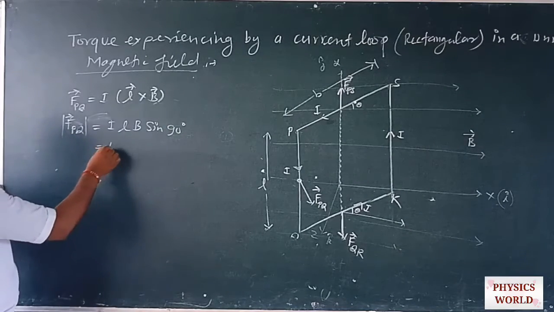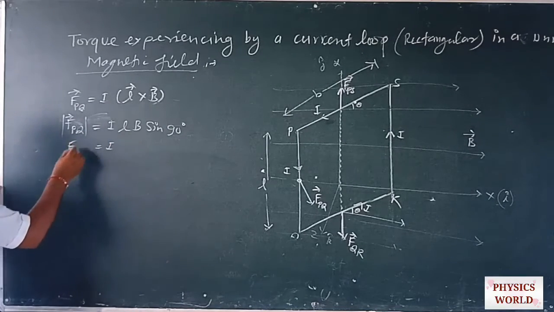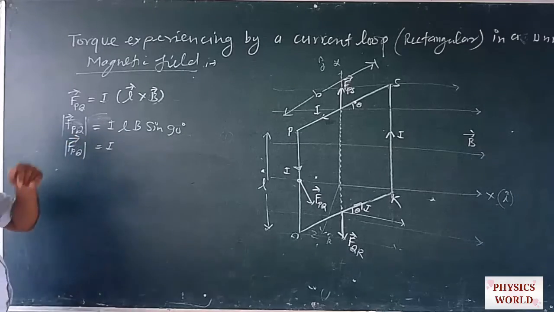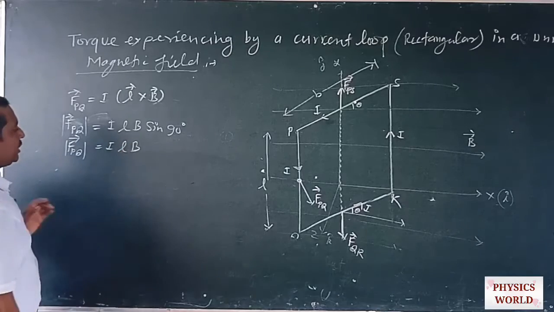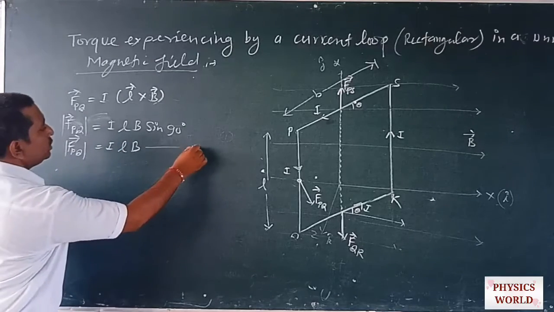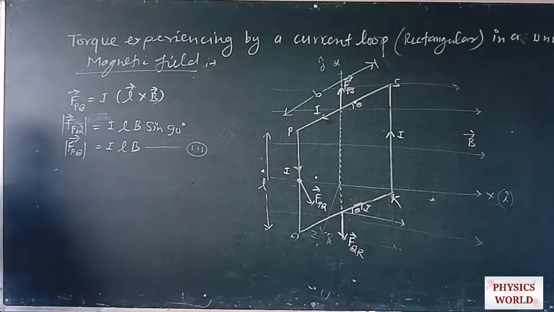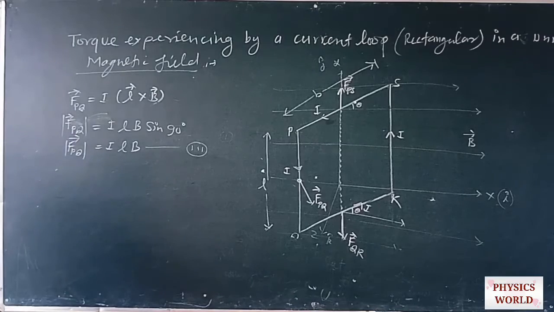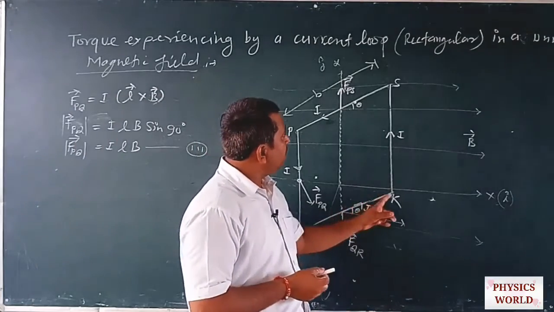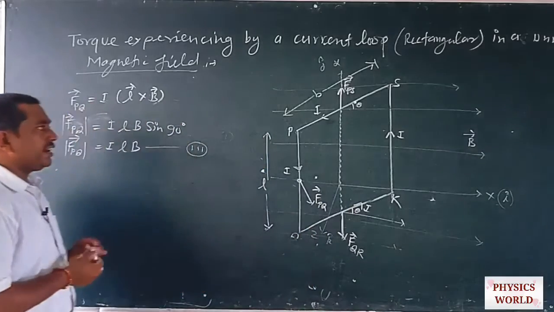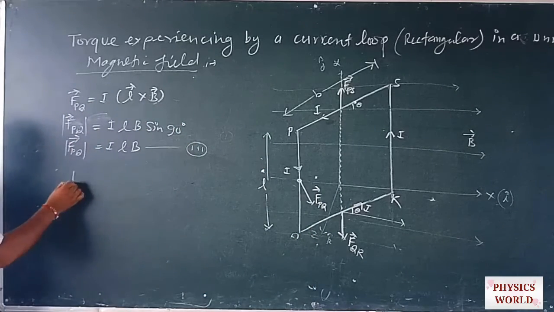So from here we get the magnitude of force acting on the arm PQ of this rectangular coil, that is ILB. If this equation is treated as the third equation, and if we want to calculate the force experienced by the arm RS due to this magnetic field, then we can easily calculate it.